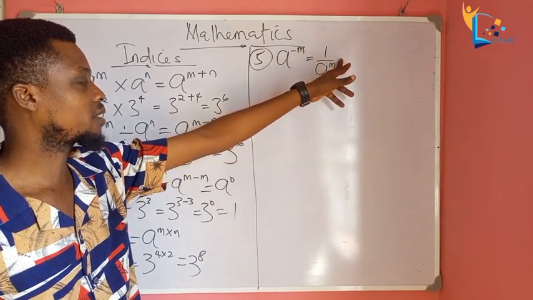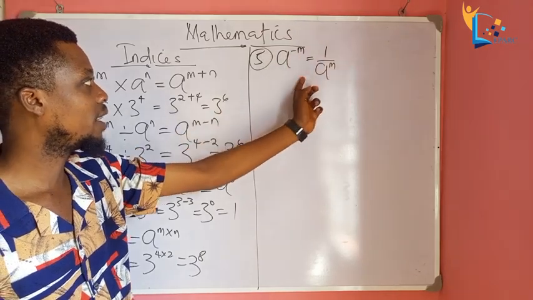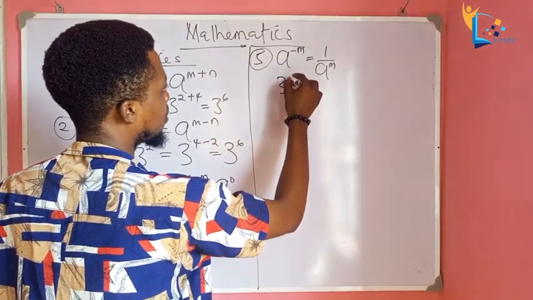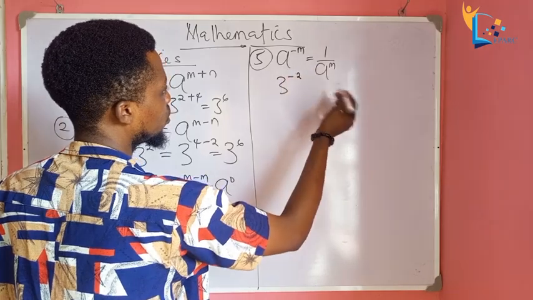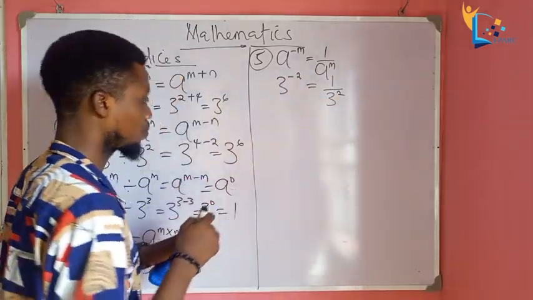This minus here automatically becomes the division. So we have 1 divided by a raised to power m. A typical example, let's see 3 raised to power minus 2 is the same thing as saying 1 all over 3 raised to power 2.